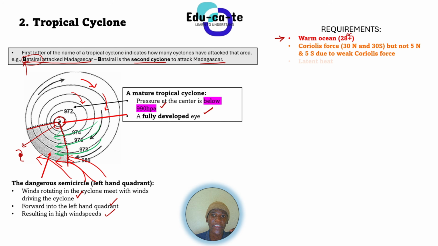Usually tropical cyclones form over tropical oceans, for example the Indian Ocean. The Indian Ocean is very warm, you already know that. That is why tropical cyclones usually occur there and attack places like Madagascar and Mozambique.